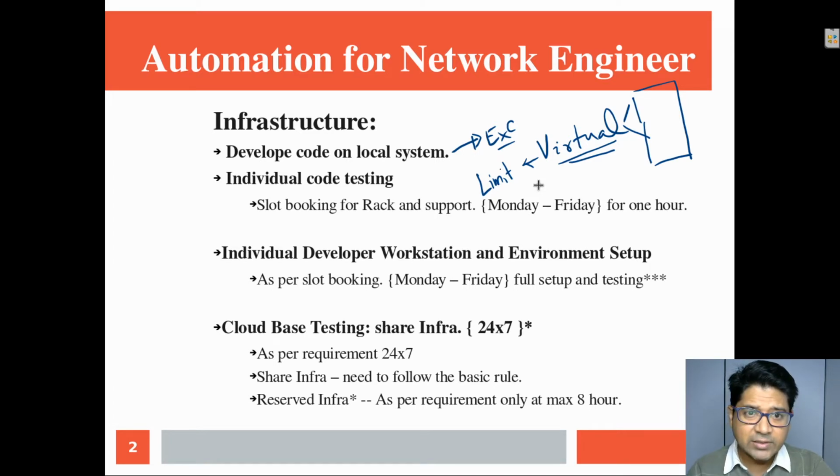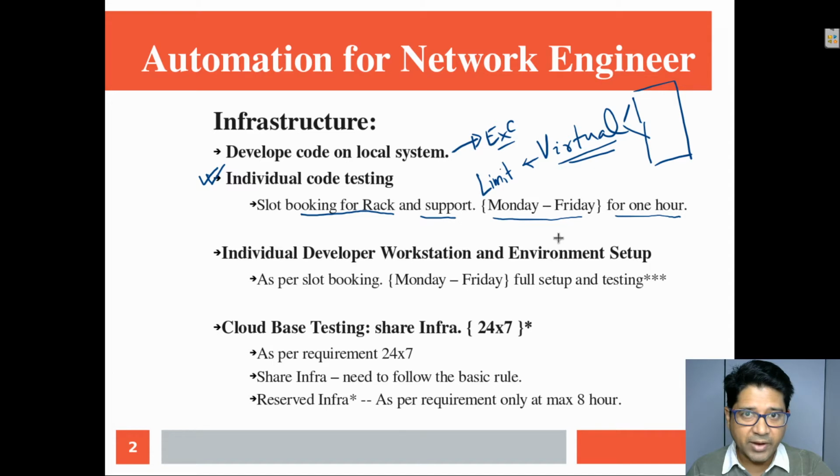Second, individual code testing. How are you going to do this testing? You need to book the slot for rack and support. This will be available every Monday to Friday for 1 hour. You can use this for any kind of code you want to execute on the real network infrastructure.